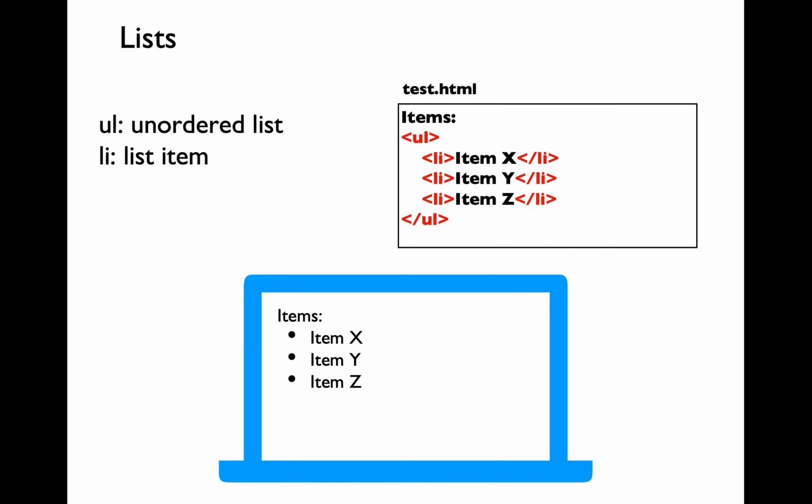So this is another example where you have another tag within one tag. So you need to have the LI tag within the UL or OL tag. OL stands for ordered list, UL stands for unordered list. The closing tag for LI is optional.